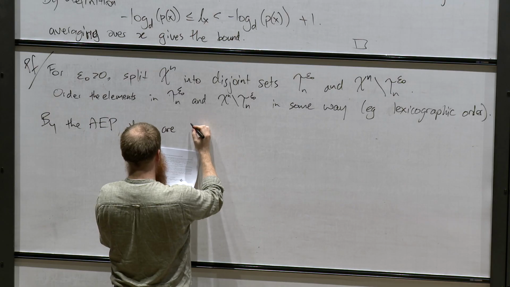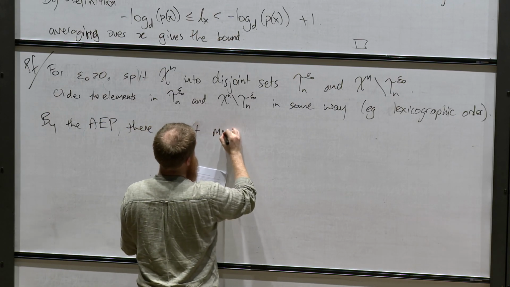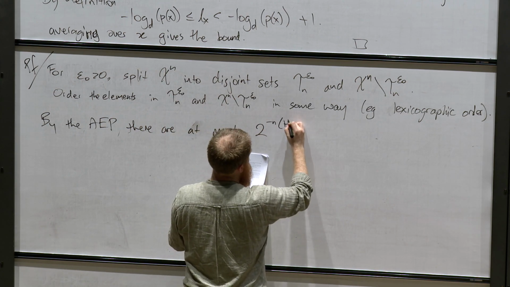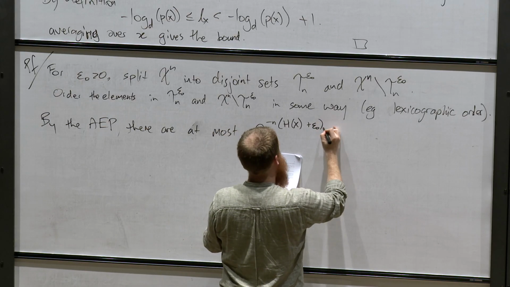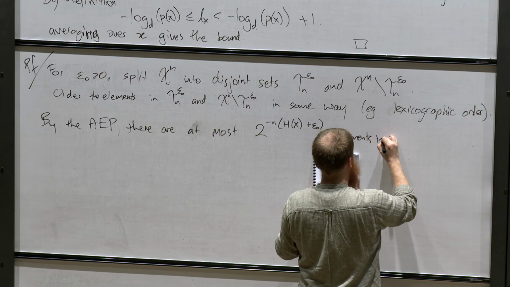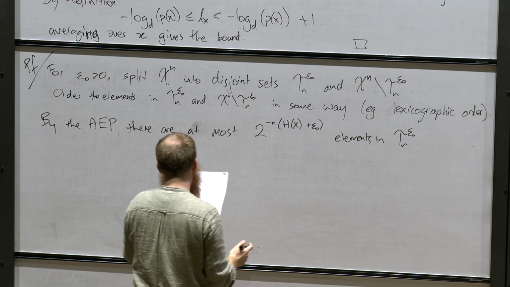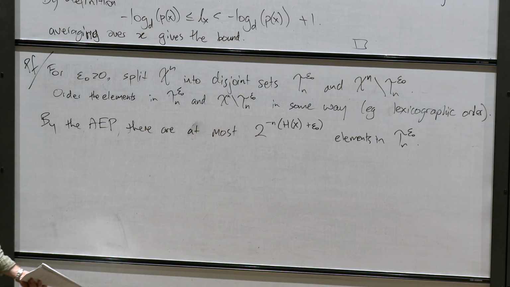There's at most, I should say at most, 2 to the power of n times H(X) plus epsilon naught elements in T epsilon naught n. Okay, so I know there's not too many of those.